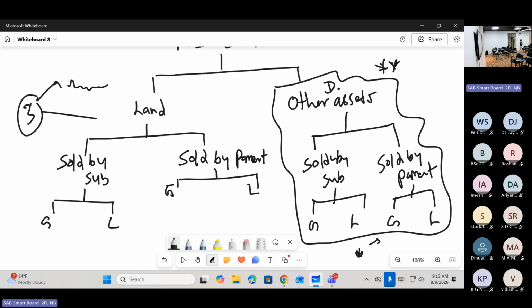Once you are having intercompany dividends, that should be eliminated once you are finalizing consolidated statement of financial position or balance sheet.